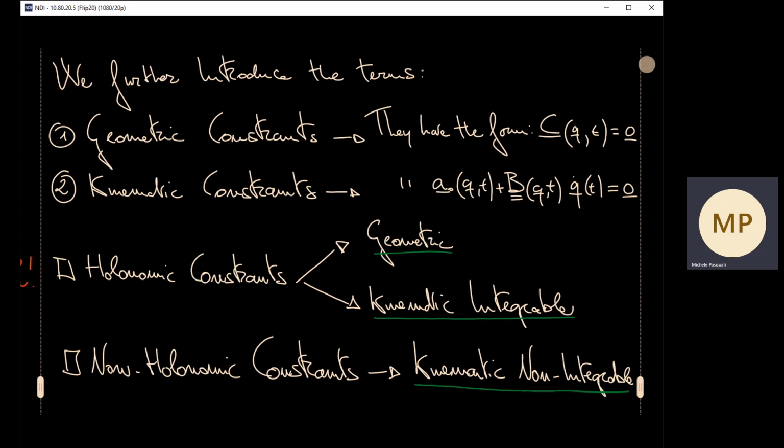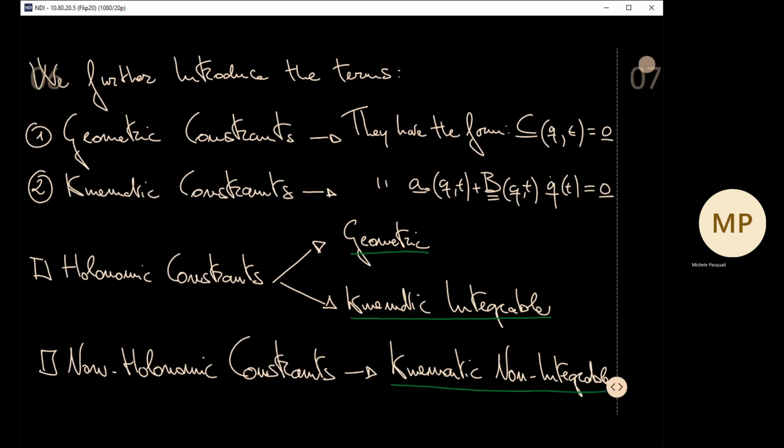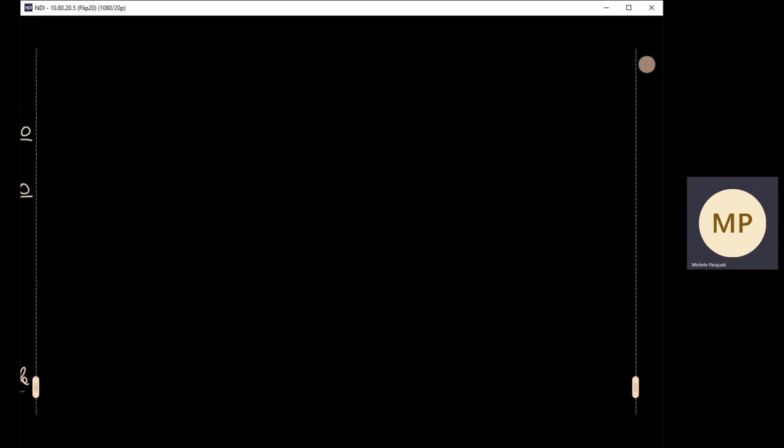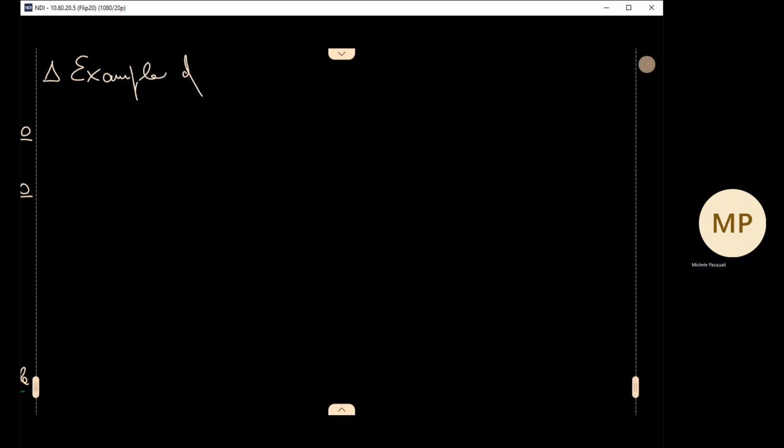Okay, we make an example right now so that we can clear up ideas. Can I swipe? So let's make an example of a non-holonomic constraint.